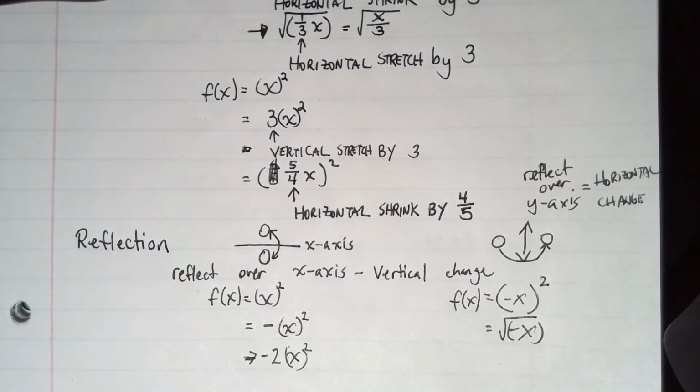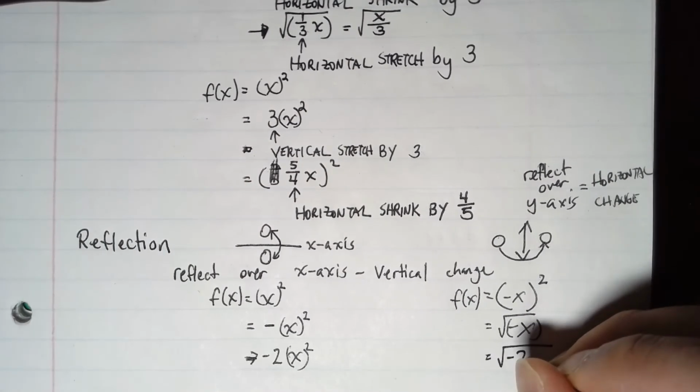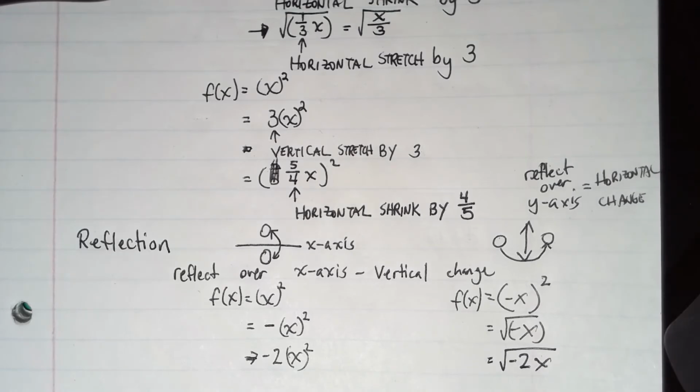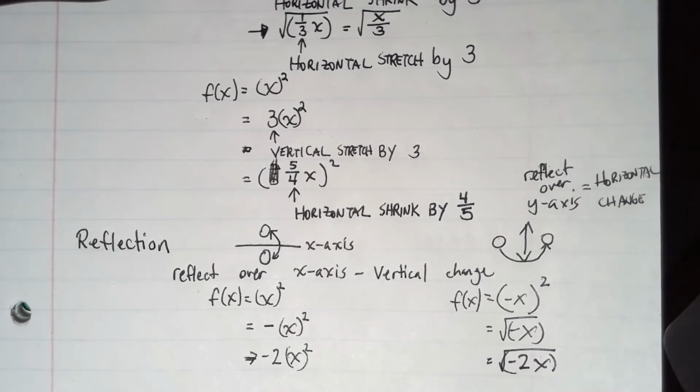These are all reflections over the y-axis. It does not matter if I put a 2, a 3, a 4 there. You're multiplying by a negative sign inside the parentheses. And once again, here's the parentheses. That's how you know you're reflecting over the y-axis.